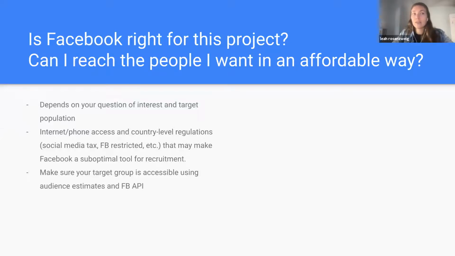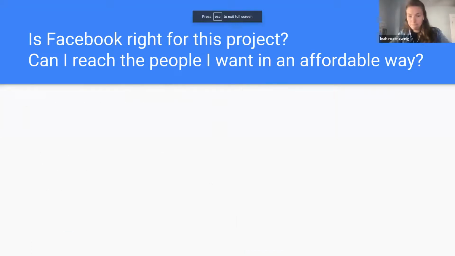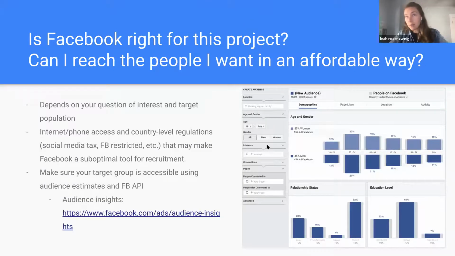And then you want to make sure that your target group is accessible. One way to do this is using the audience estimates in the Facebook API. If you go to that link, you should see something like this, where you can enter your country of interest or a sublocation of interest, a state in Nigeria, a state in the US, and then Facebook will give you an estimate of how many users fit your criteria based on location, age, gender.